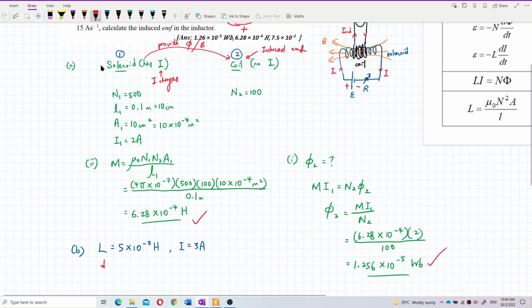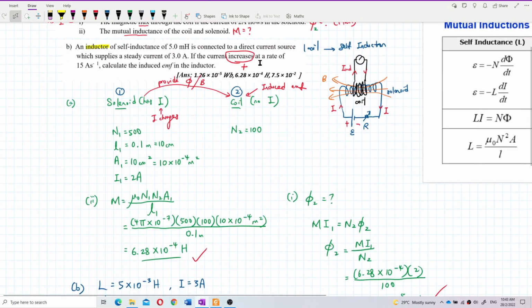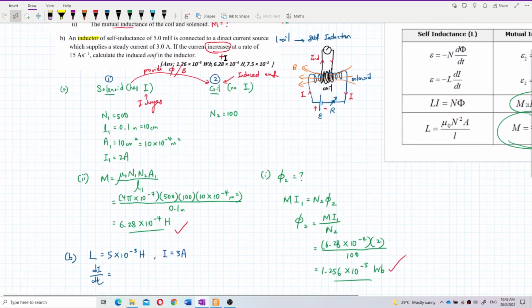So that is di dt. Is di dt positive or negative? Positive, because it says increase. Increase means positive, at the rate of 15 ampere per second.